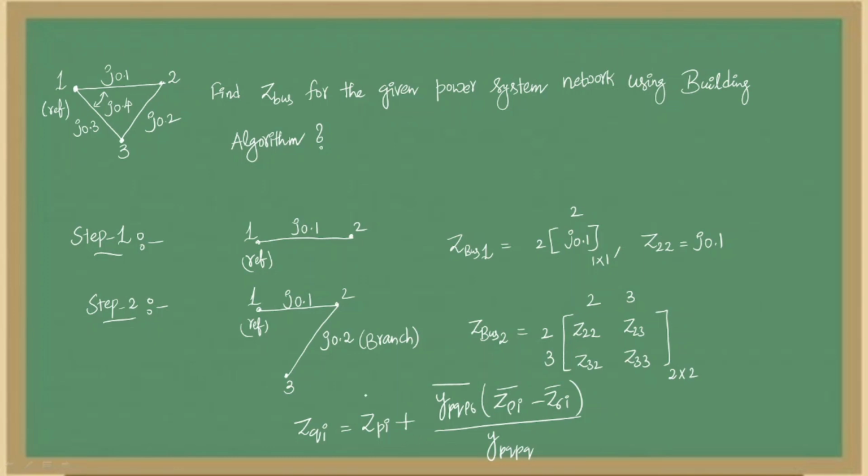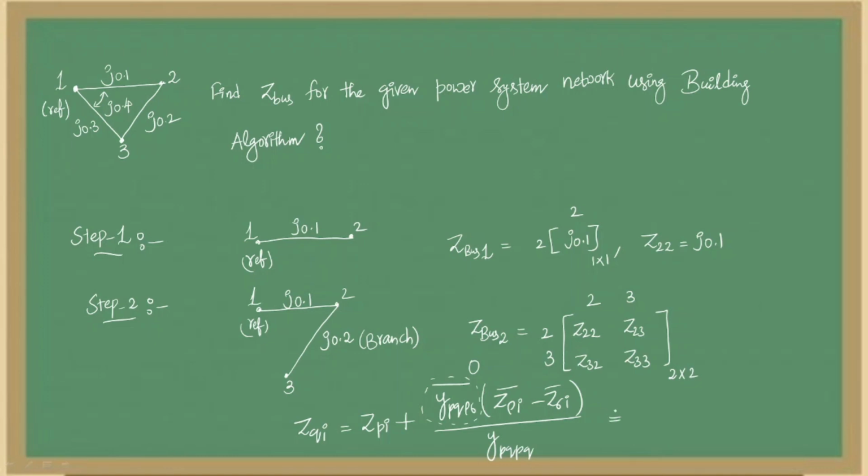Now, as we are adding an element which does not have any mutual impedance with the available elements, I can consider this entire term as 0. When you consider this entire term as a 0 vector, you will not get this entire expression.